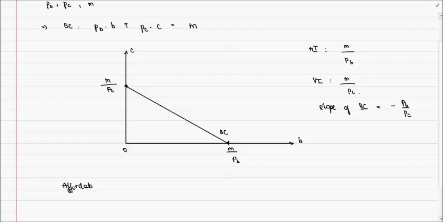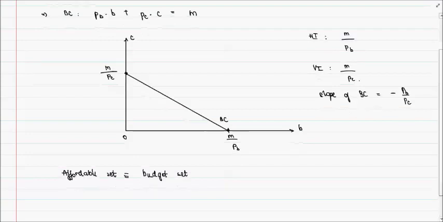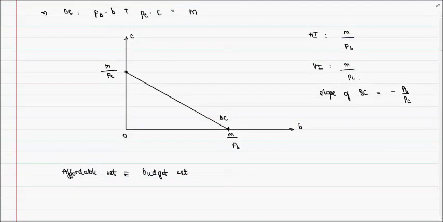If I use the yellow color to highlight it, it's going to be this triangle over here below the budget constraint.